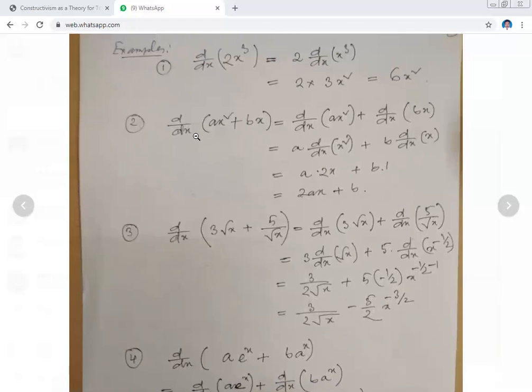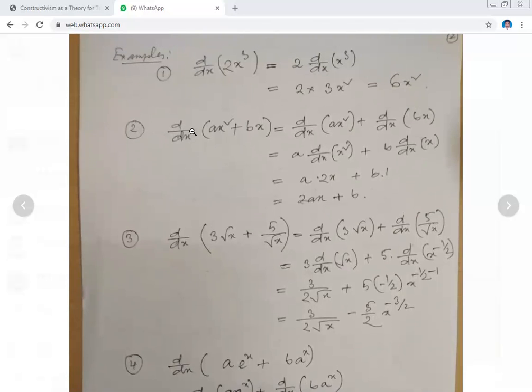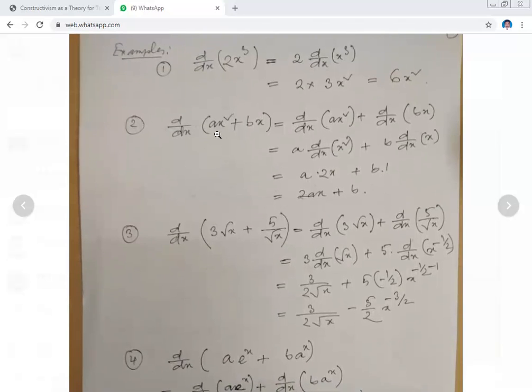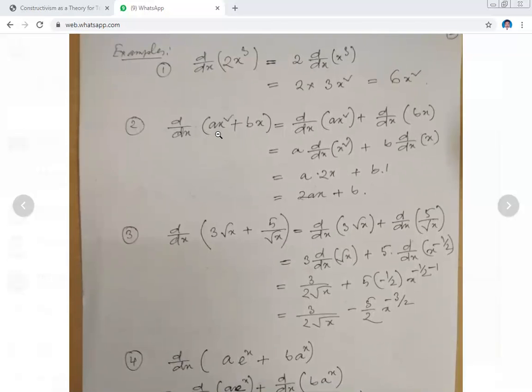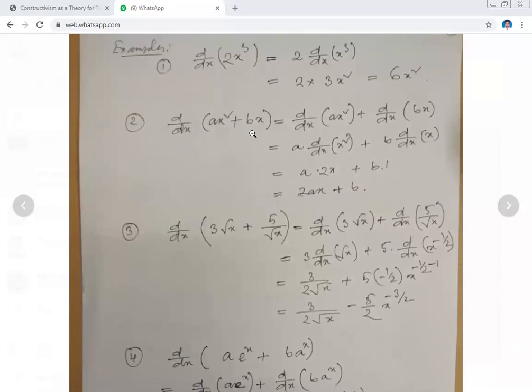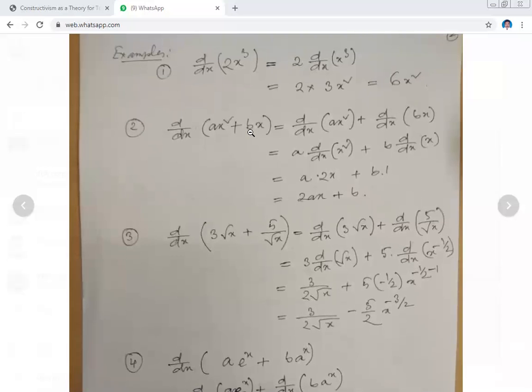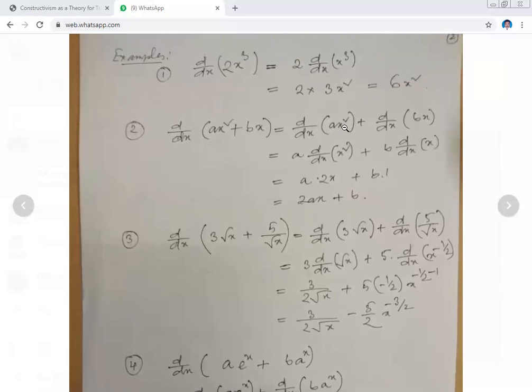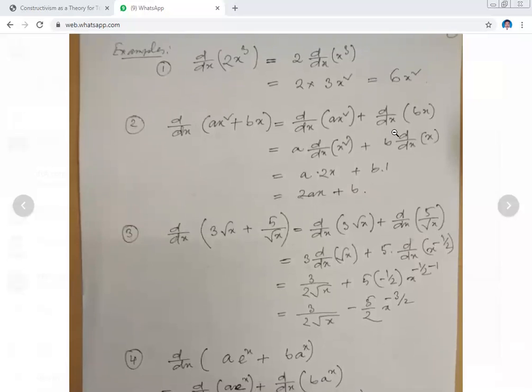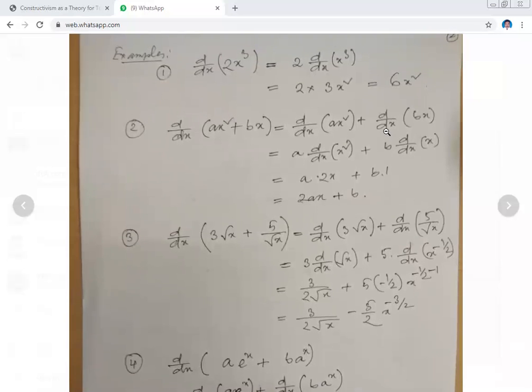So to differentiate, we need to differentiate separately. Very simple way. d/dx of ax square, that is differentiation of the first, plus differentiation of the second, that is bx. That's applied here. d/dx of the first plus d/dx of the second.